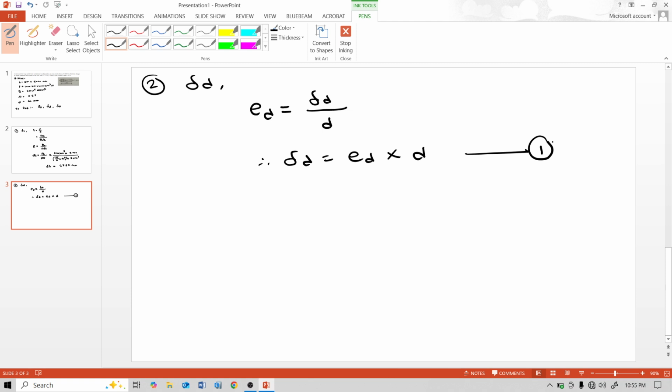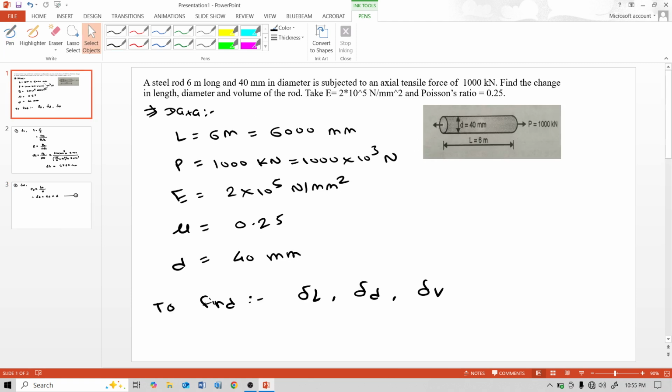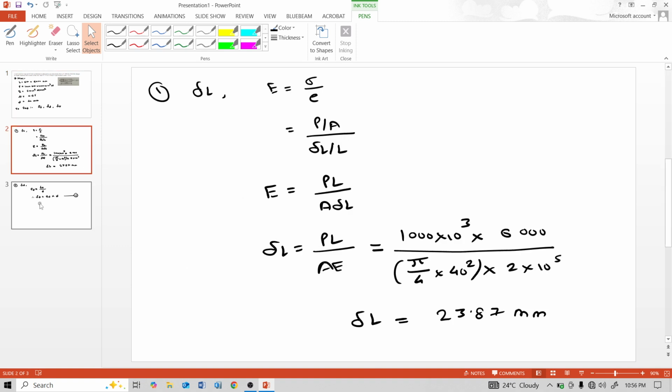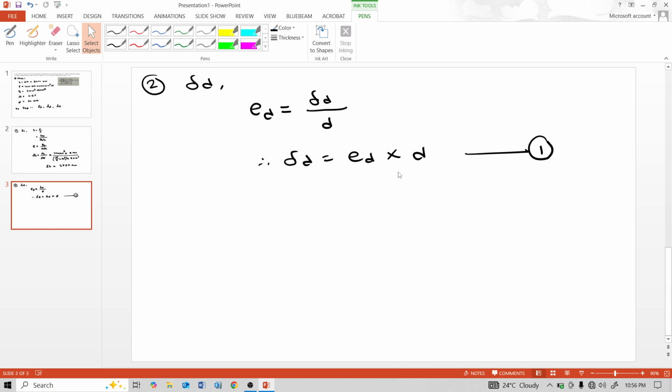Equation 1. D is 40 mm and we have to calculate the change in diameter, that is, the strain in lateral direction. For calculation of epsilon D, strain in lateral direction, we have to get help of Poisson's ratio.